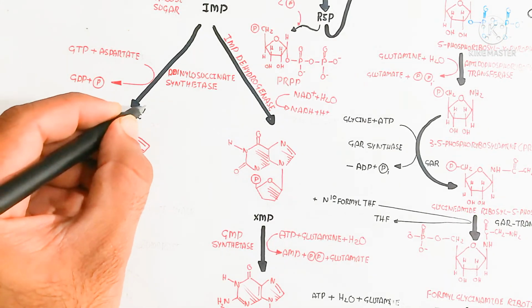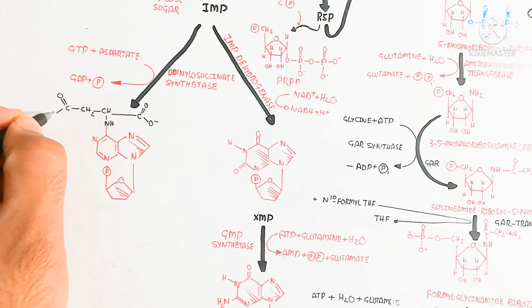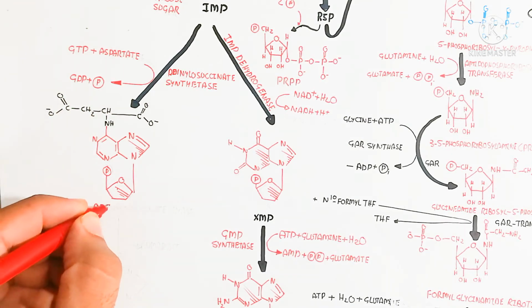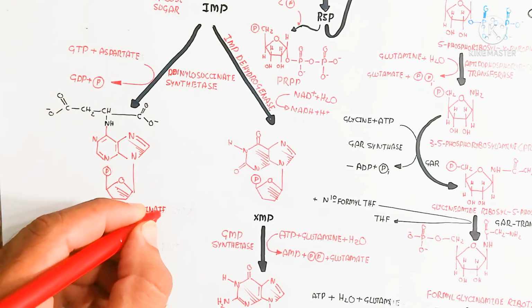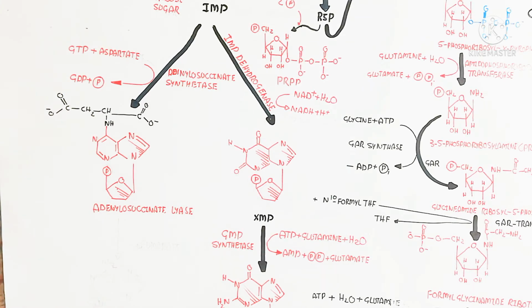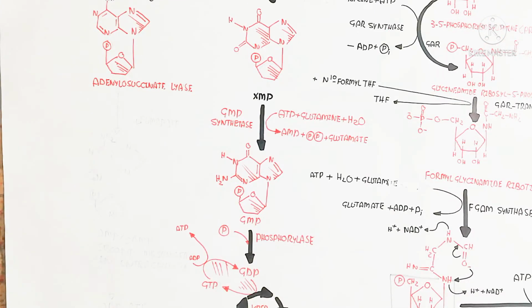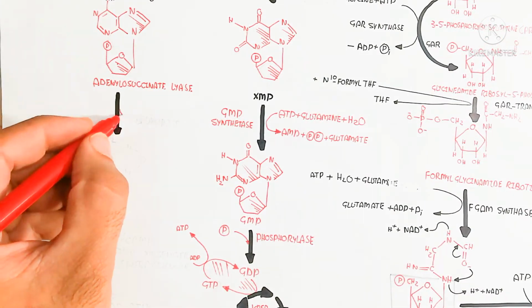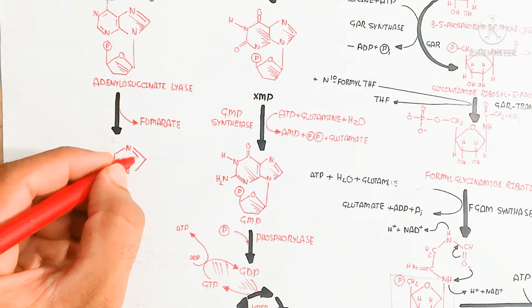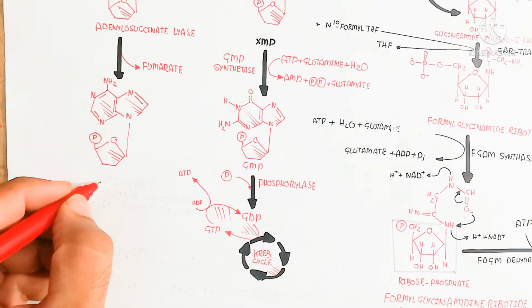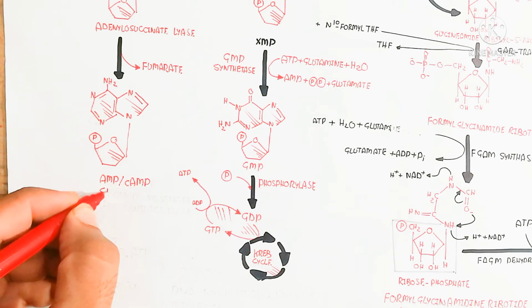On the other hand, the important thing is the adenylosuccinate lyase enzyme. This enzyme will further process and release the fumarate, which is again used for the Krebs cycle.